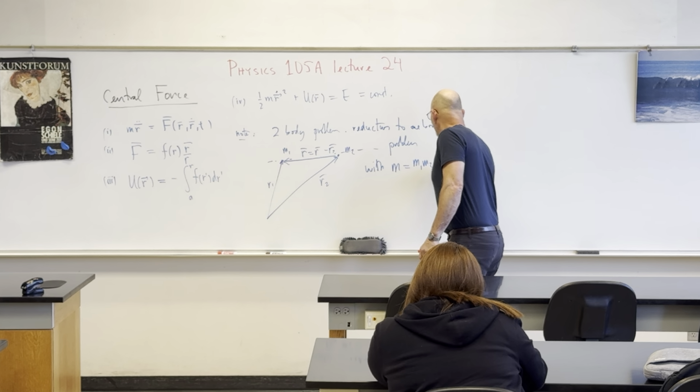The R1 was equal to M2 over M1 plus M2, and that lowercase vector R2 was equal to negative M1 over M1 plus M2. Like that. Okay. So now you have a reduction to this one-body problem.